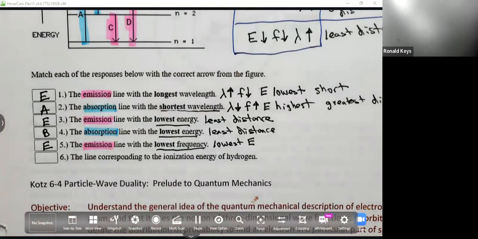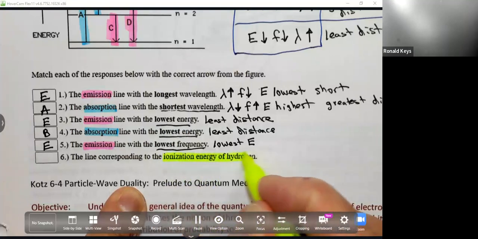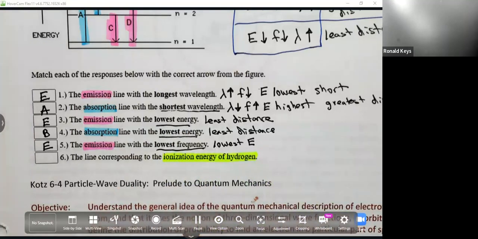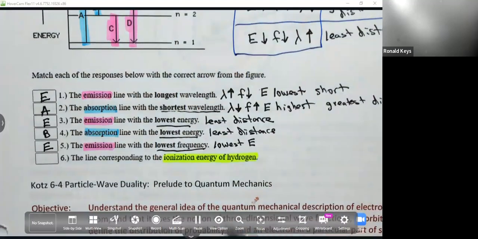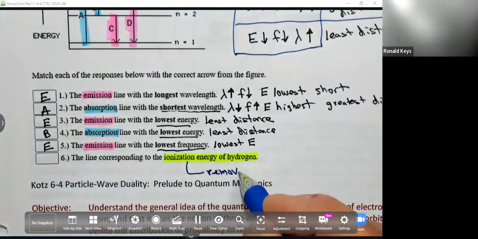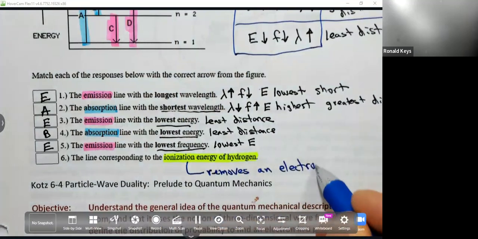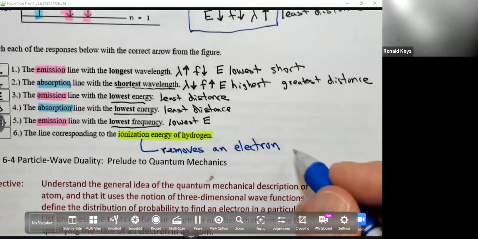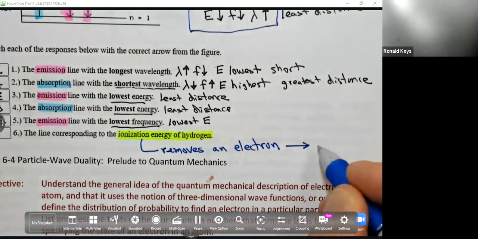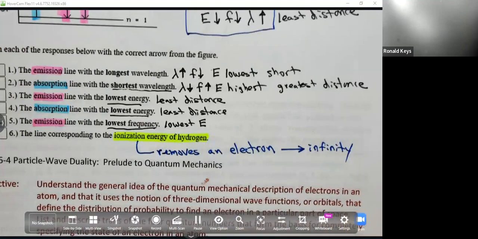And then the last one, ionization energy. That basically means it's going to infinity, completely removing an electron.